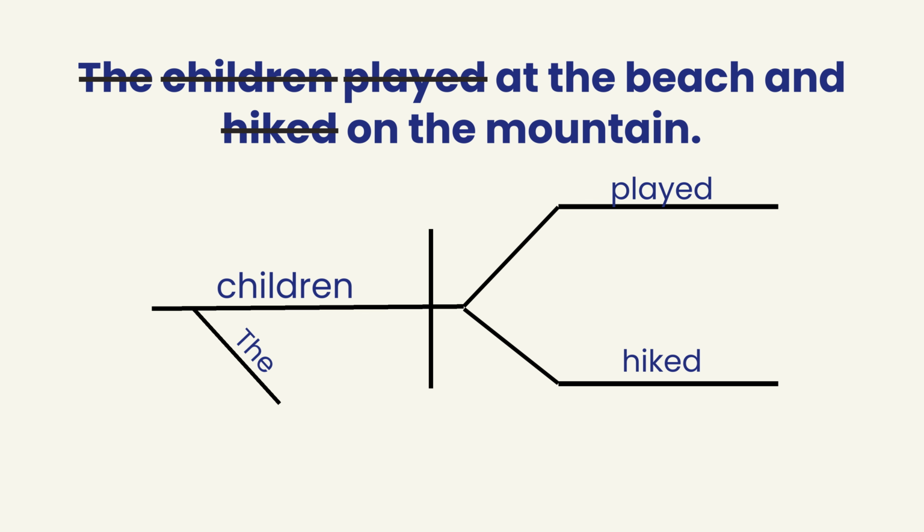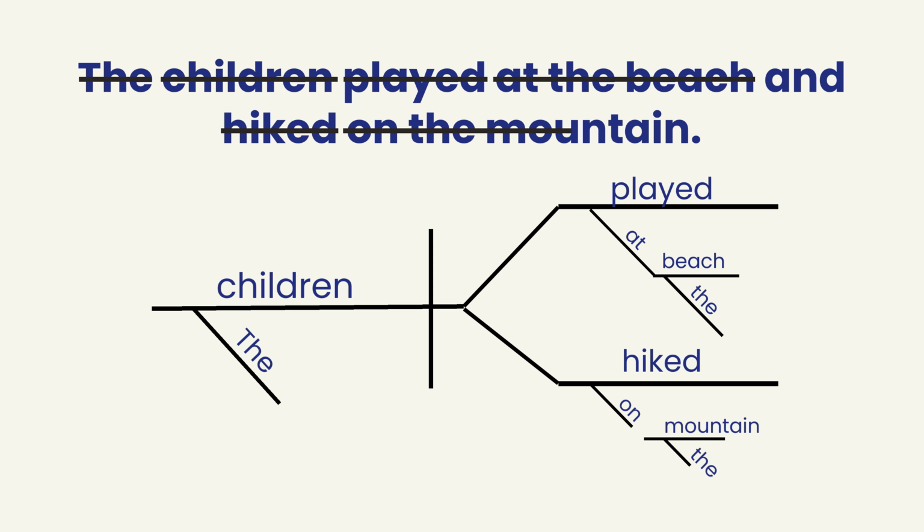So we have the prepositional phrase at the beach below the verb played, and the prepositional phrase on the mountain below the verb hiked. And then, of course, since it is a compound predicate, we join the two verbs together with a broken line and place the conjunction "and" to the right of the broken line. There you have it, our diagrammed sentence: the children played at the beach and hiked on the mountain.